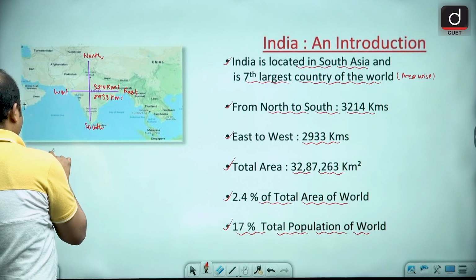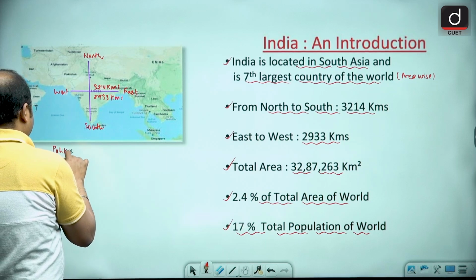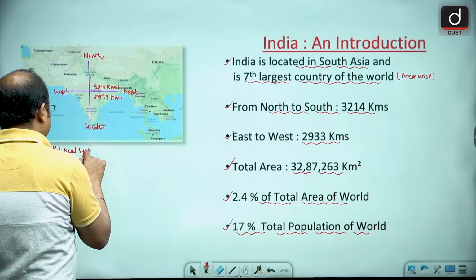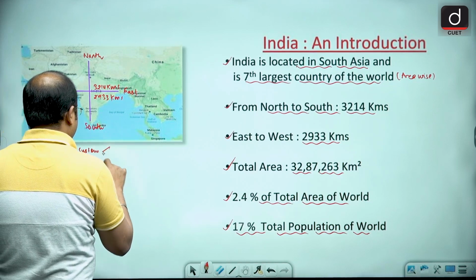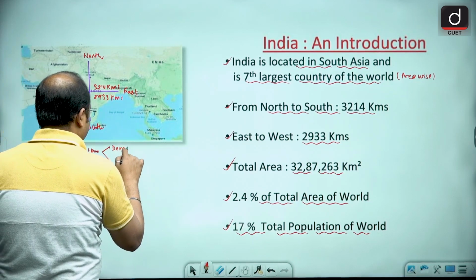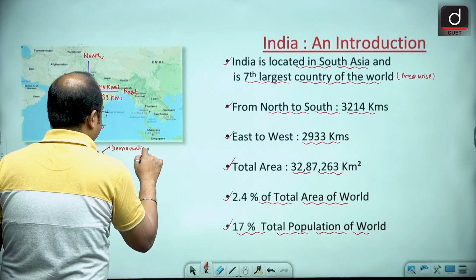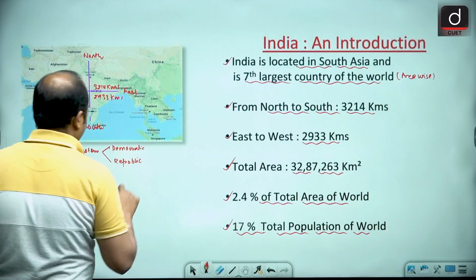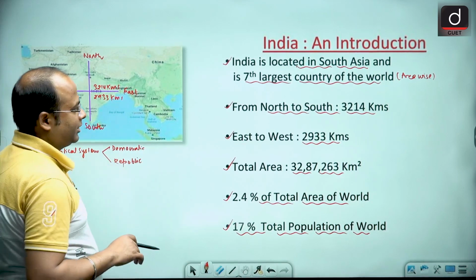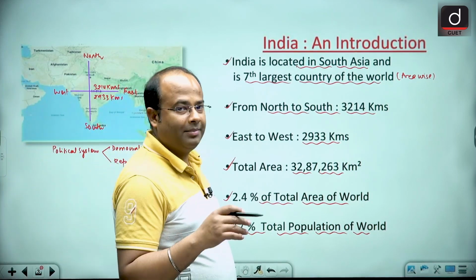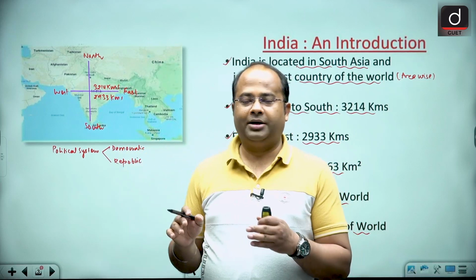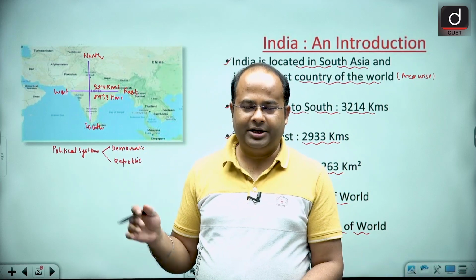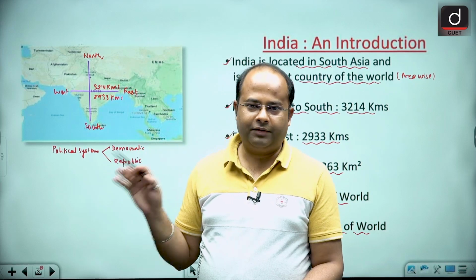And the political system of India is a democratic republic, where the head of the government is elected by the people and the head of the state, that is the president, is elected every 5 years.